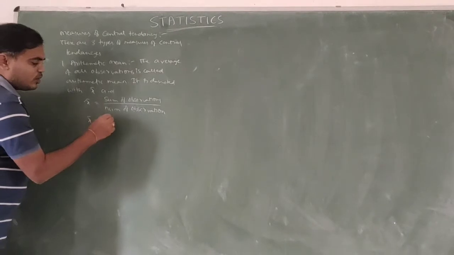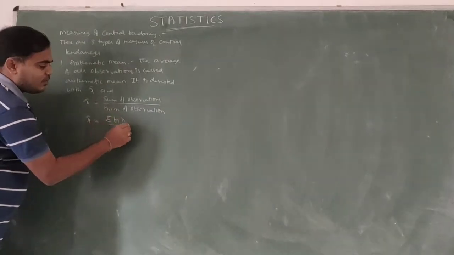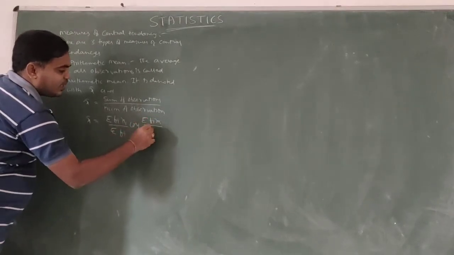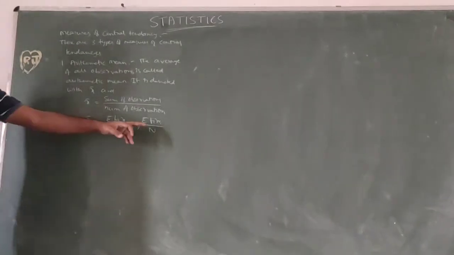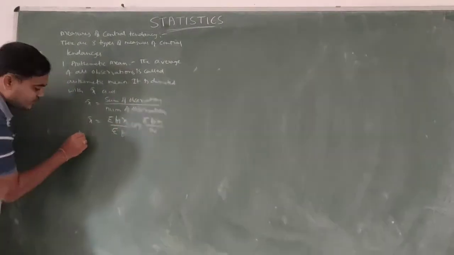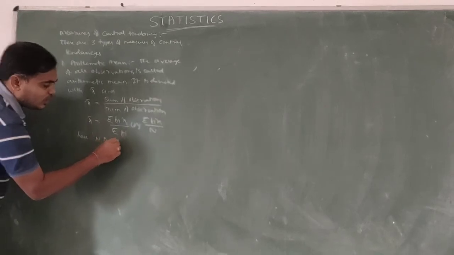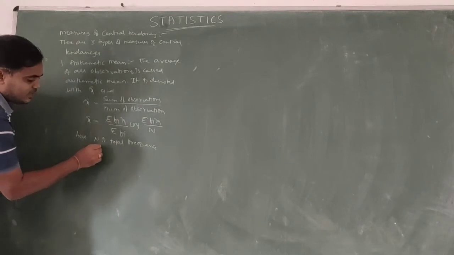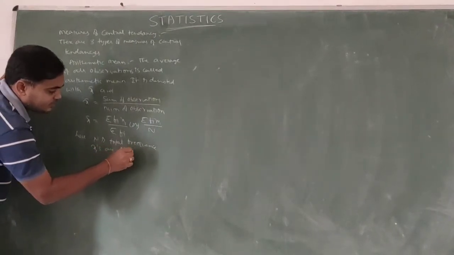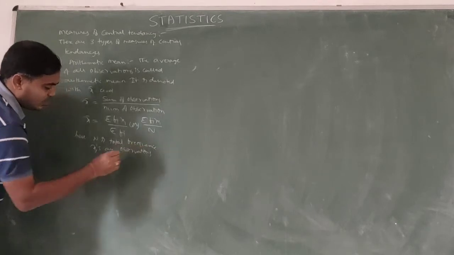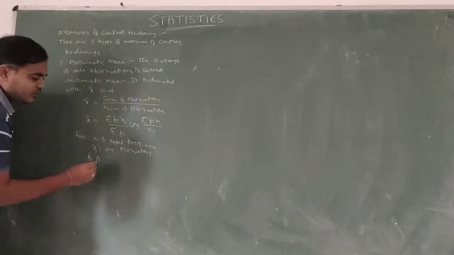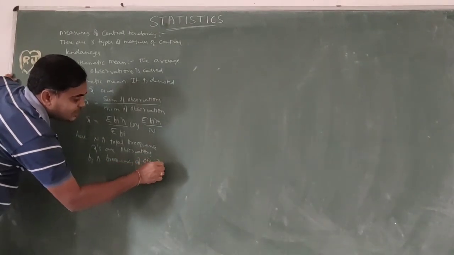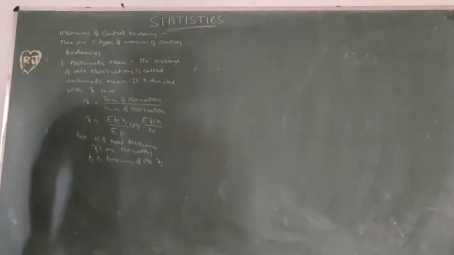So x bar equals sigma fi xi by sigma fi, or sigma fi xi by capital A. Capital A means total frequency. Here capital A is total frequency, xi are observations, and fi is the frequency of observation xi.